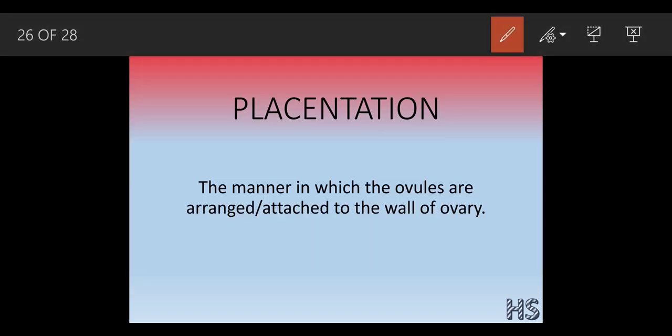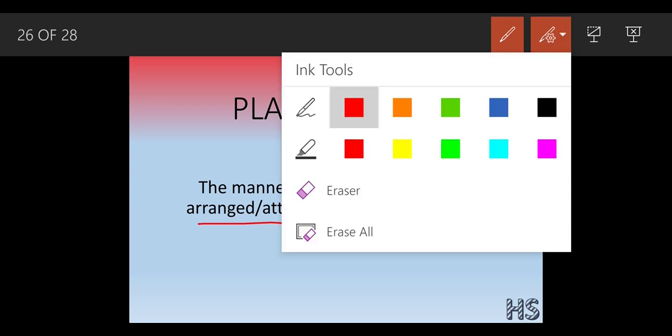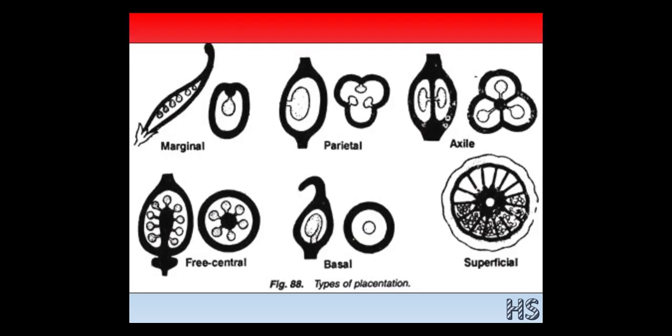Inflorescence means the attachment of the flowers, but placentation means the arrangement of the ovules, okay. See, we are going to discuss the different types, how they have been arranged. As this picture is not in your syllabus, but for more explanation, for more knowledge, I am going to explain this part. I am going to take 2 or 3 examples only.